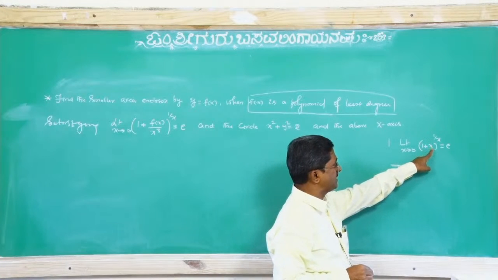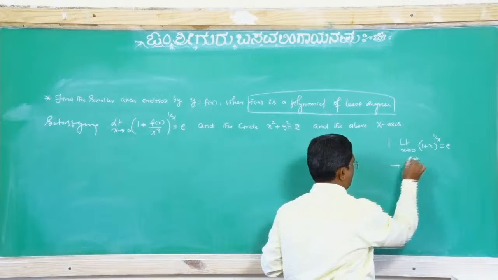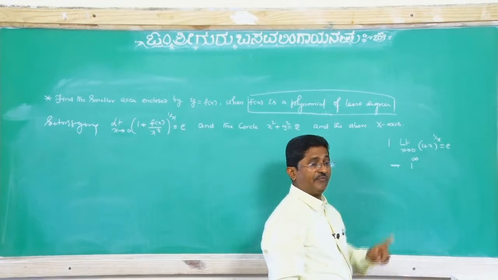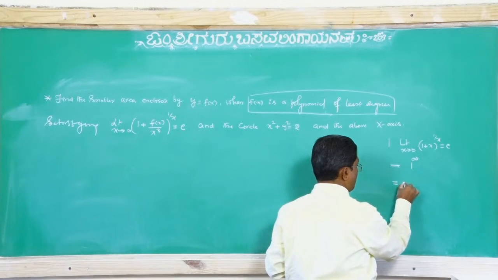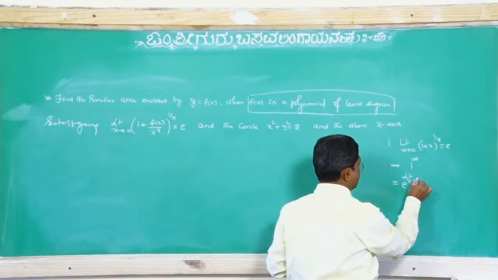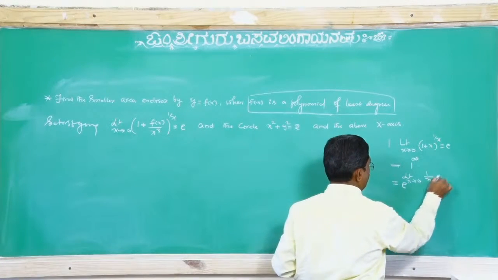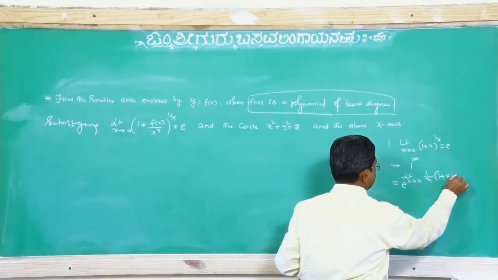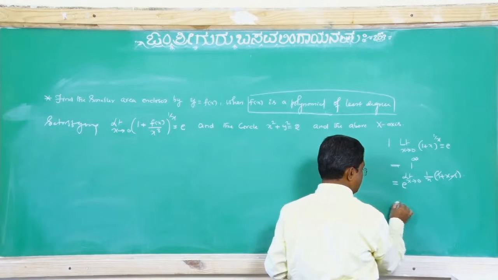When we substitute x is equal to 0, 1 plus 0 is nothing but 1, so 1 to the power of infinity. Whenever the 1 power infinity form is given, the formula is e to the power of limit as x tends to 0 of f of x power g of x, that is 1 by x into (1 plus x minus 1). So minus 1 plus 1 get cancelled.